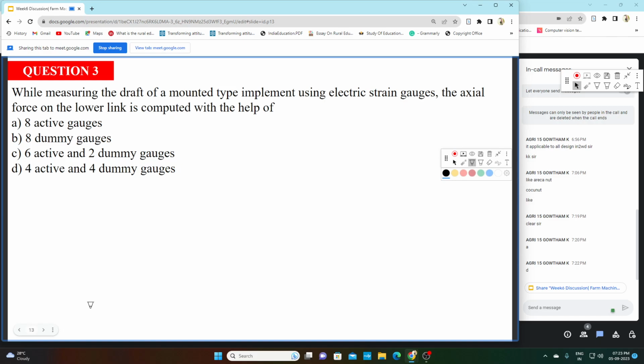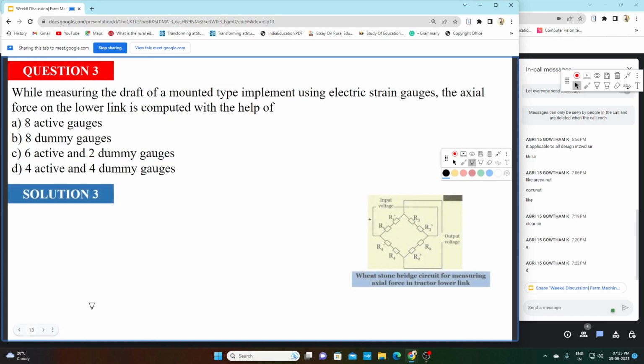Okay, no problem. I have already told you, there are 4 resistances used for the Wheatstone bridge configuration. Now the question is, with 4 resistances, how many dummy strain gauges do we use?